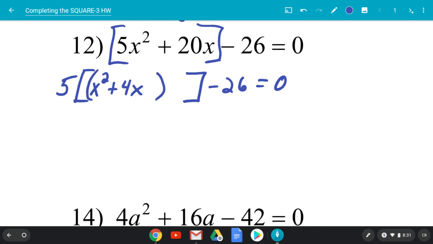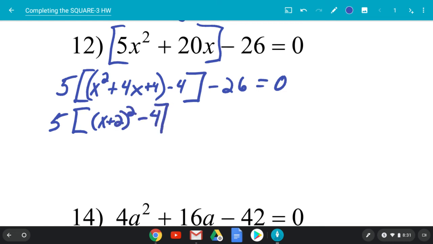So 4 divided by 2 is 2. 2 squared is 4. So I will add 4 and subtract 4. We good? This is a perfect square trinomial now in the middle, so I can factor it to be x plus 2 quantity squared minus 4 minus 26 equals 0.